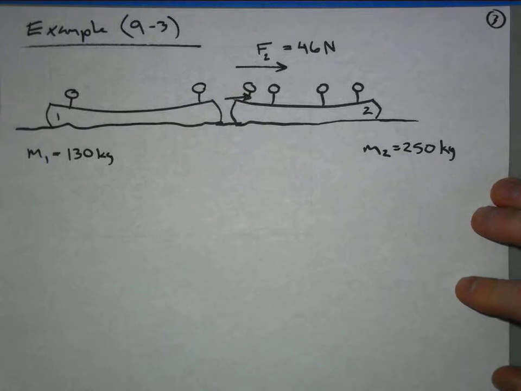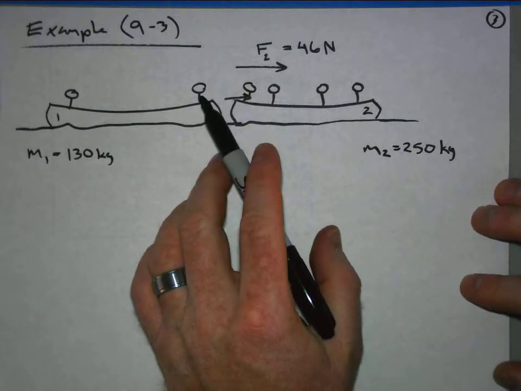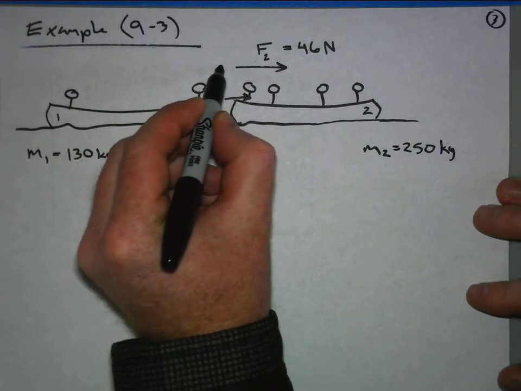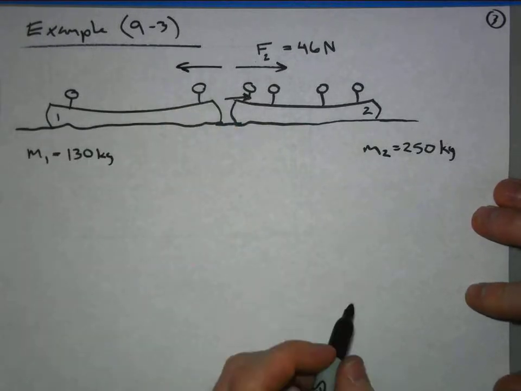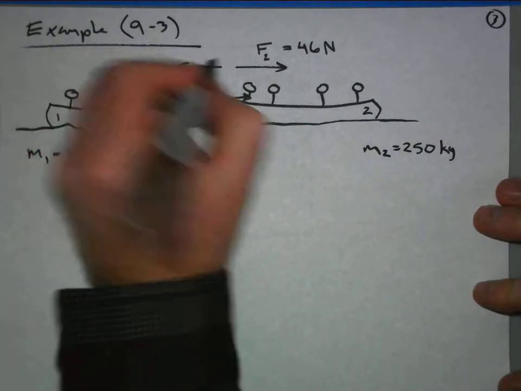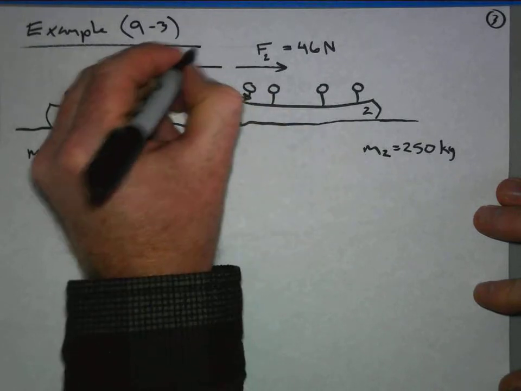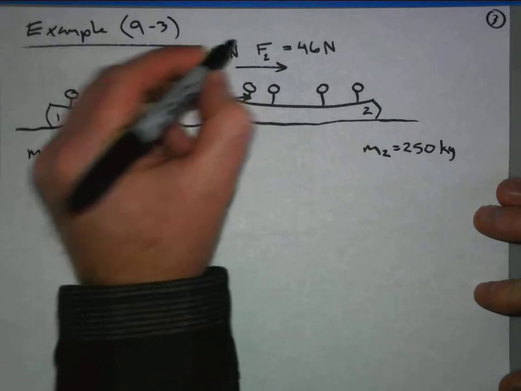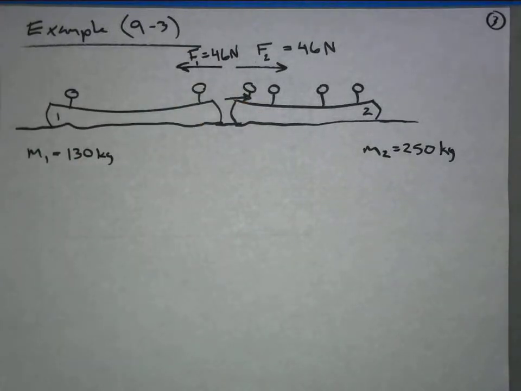Okay, fine. Well, look, action, reaction. Newton's third law. You cannot escape it. So because of this push, there's also this force acting on canoe 1 of 46 newtons, right? It is unavoidable.